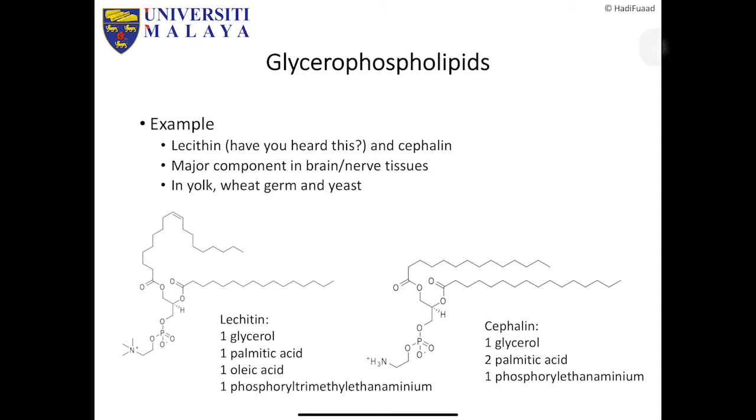All right, so another example of glycerophospholipids is lecithin. Have you heard about this? If you have not, what you can do is find any junk food that you have at home and read the ingredients.